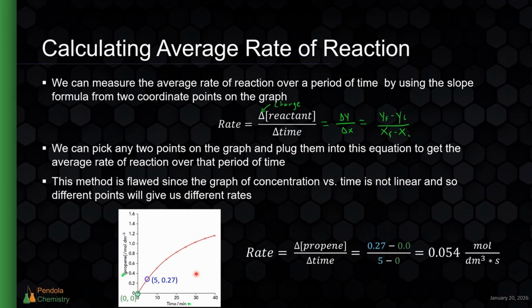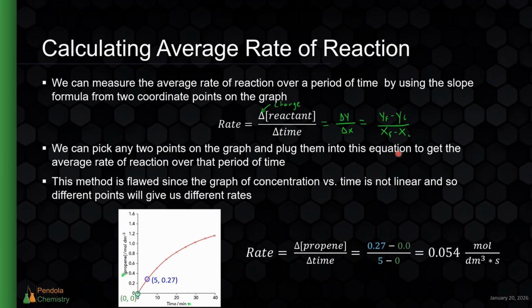And that's because the slope of the reaction, the rate of the reaction, changes over time. So if I choose 2 points, I have 0, 0 here at the beginning, the origin, and then the first point that I graphed here was 5, 0.27, so 5 minutes, and then the concentration was 0.27.